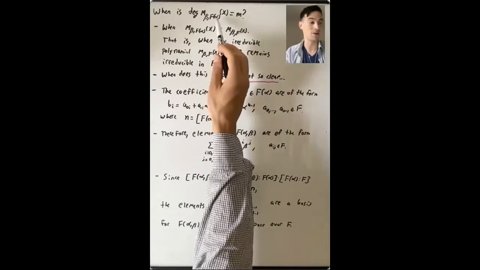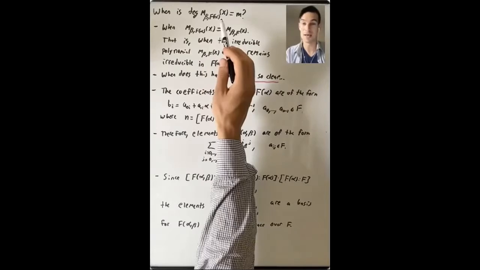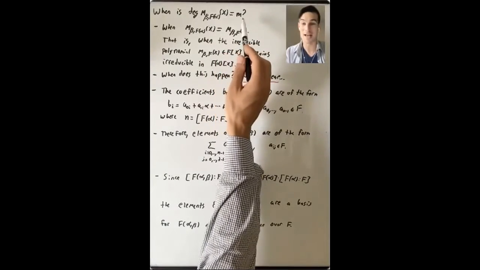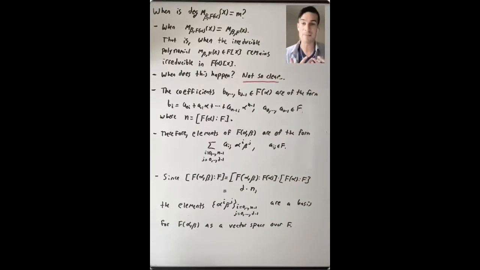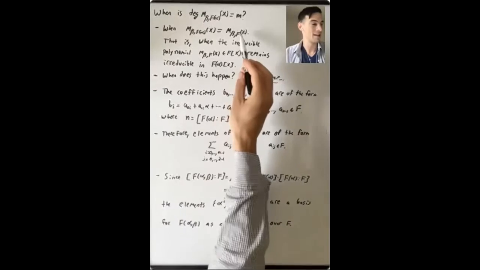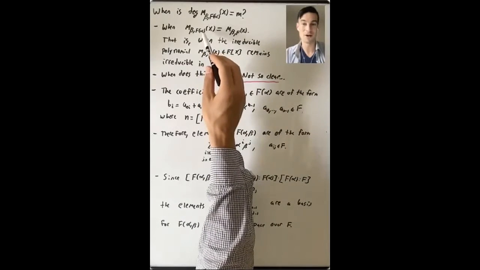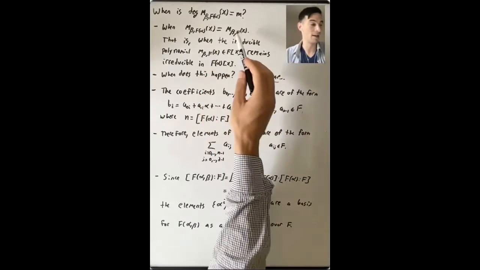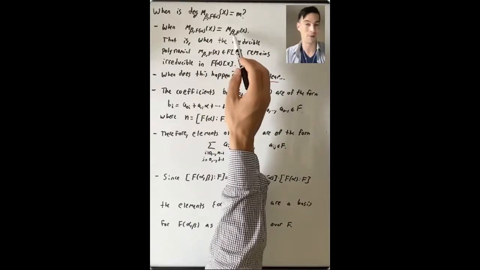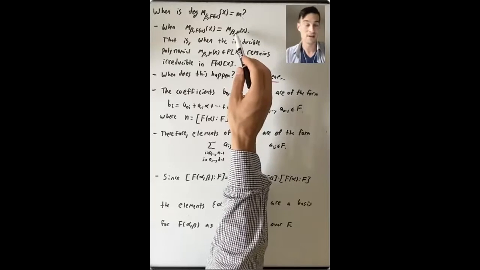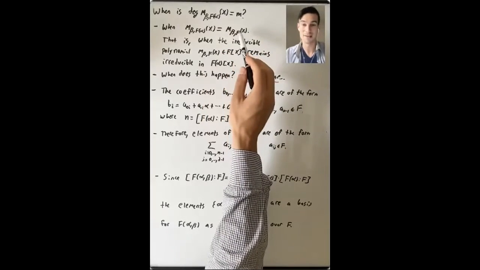It's at most the degree of the minimal polynomial of beta over F. But when is it actually equal to this upper bound m? What needs to happen is, you have this monic irreducible polynomial with coefficients in F adjoin alpha, and this other monic irreducible polynomial of degree m with coefficients in F, and this one has to divide this one.